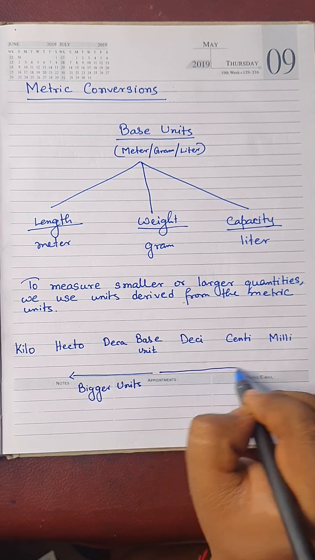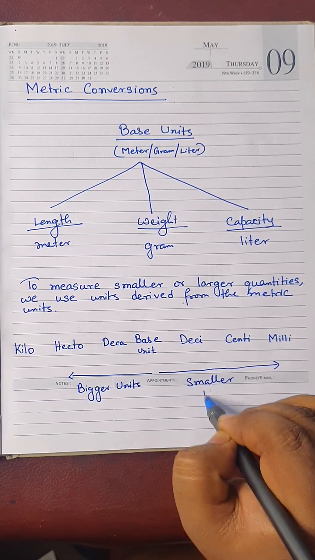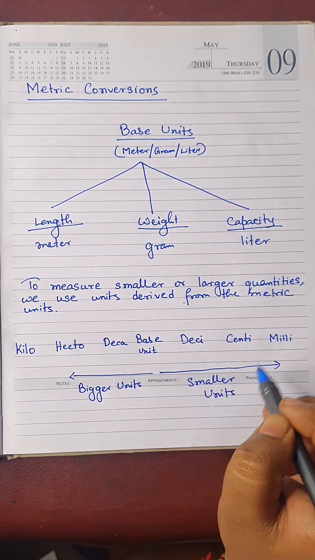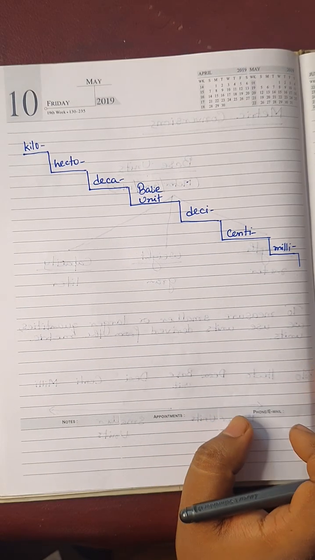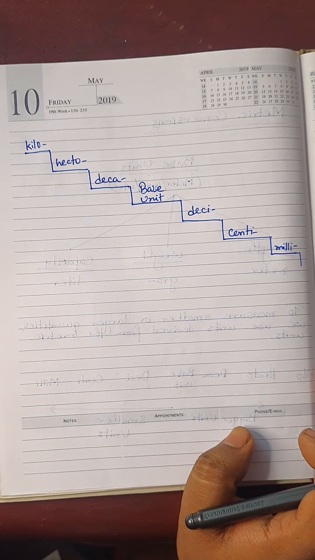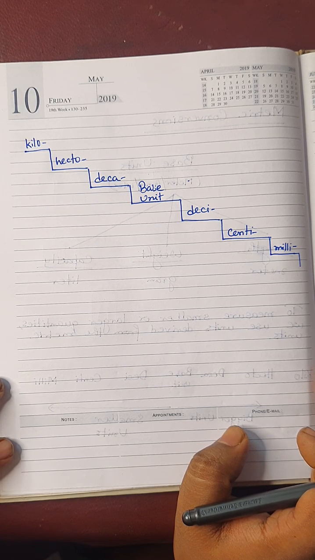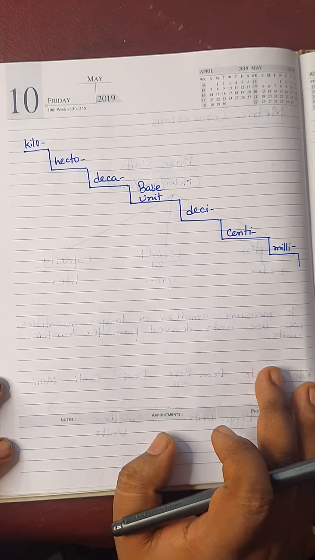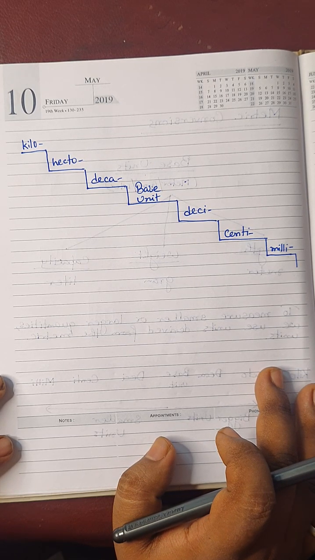I am giving you a diagram, and this way you can understand and convert the units easily. We multiply or divide to make metric conversions. This is called metric conversion.